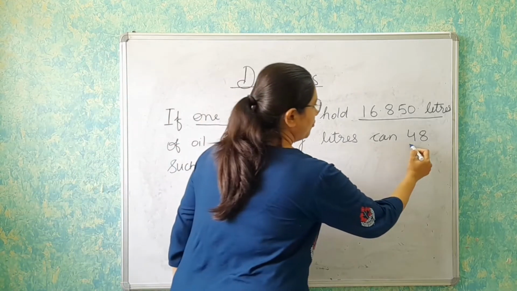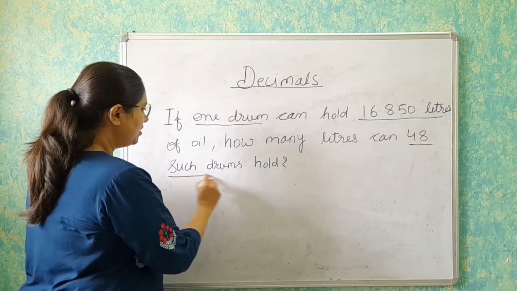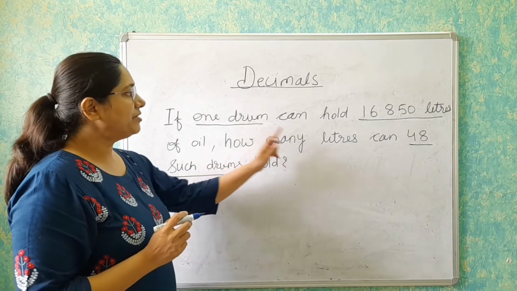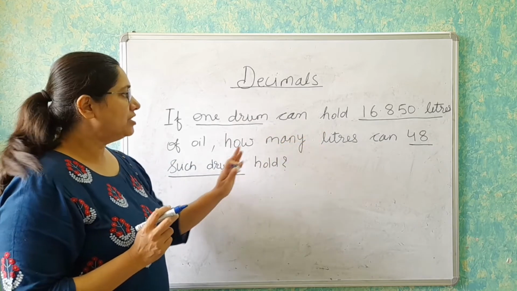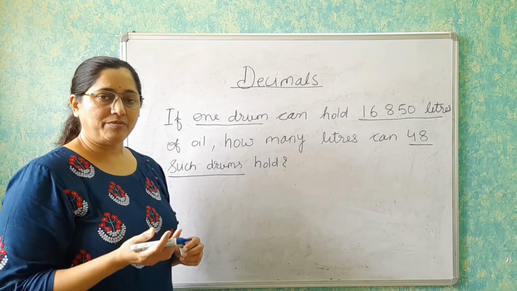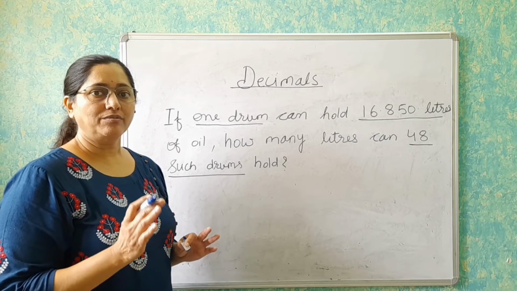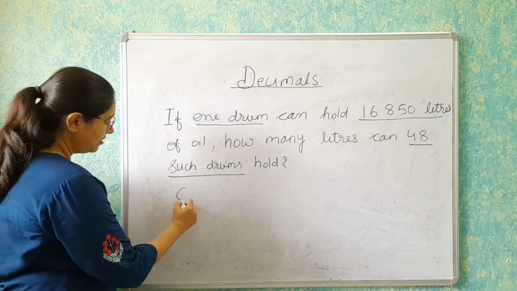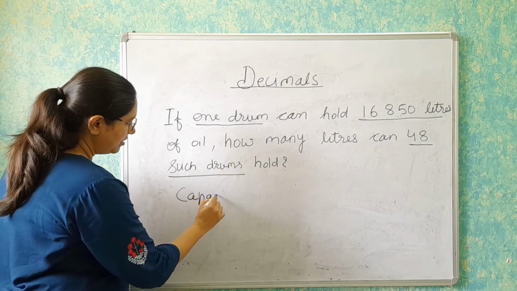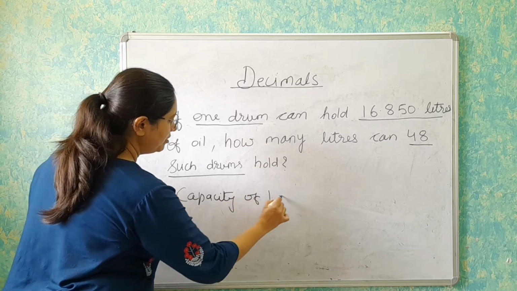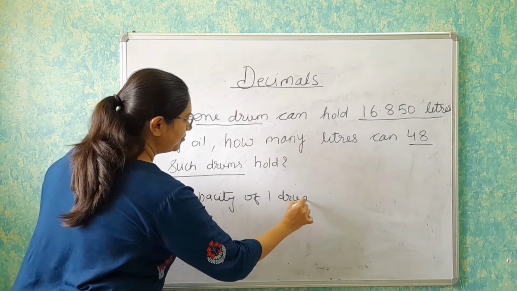So 48 such drums will hold definitely more oil, because if one drum can hold 16 liters of oil, 48 drums will hold more oil, and whenever our answer will be greater, we have to do the multiplication. So first we will make the statement: capacity of one drum.